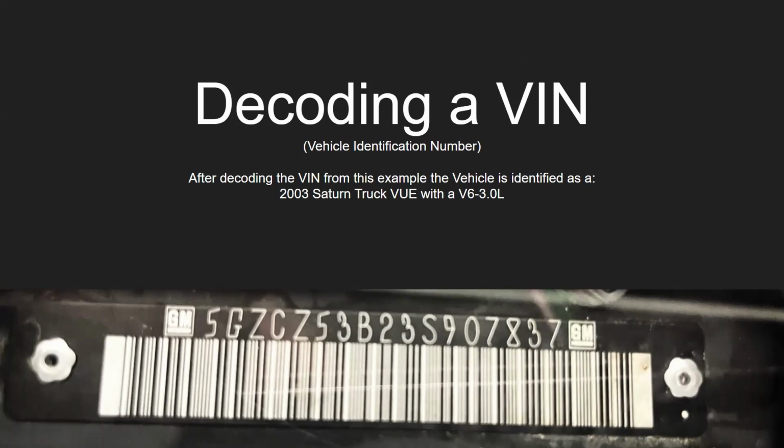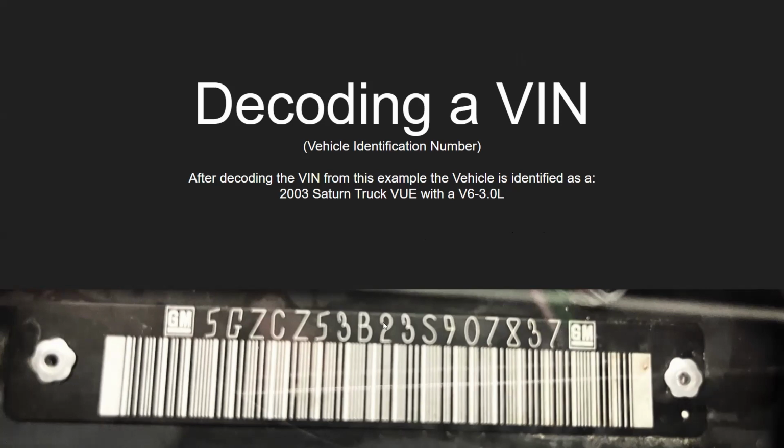This is an example of General Motors. You could go off of Ford, Dodge. You could look at Honda, Toyota. They all have vehicle identification numbers that they use also to help you get the right parts. So I hope this helps, so that way you can figure out what part you need to fix the vehicle.